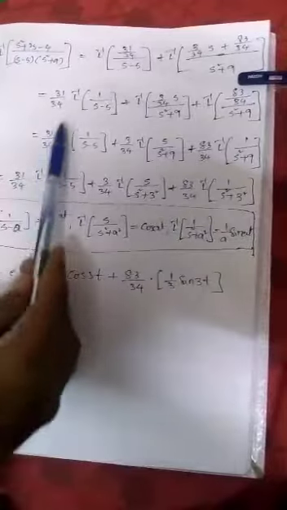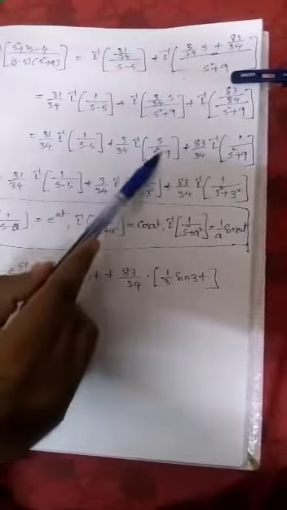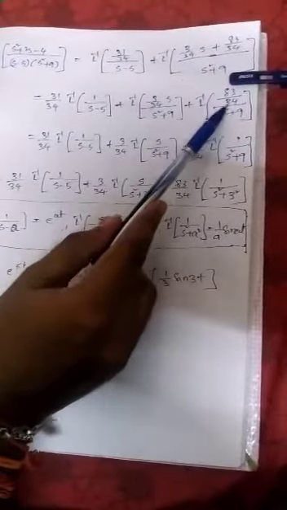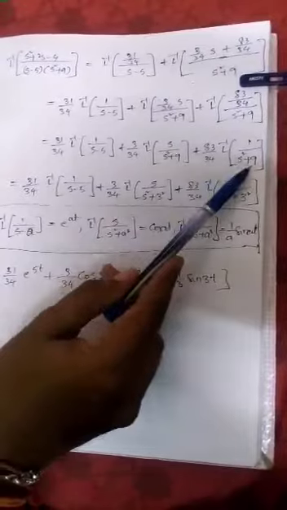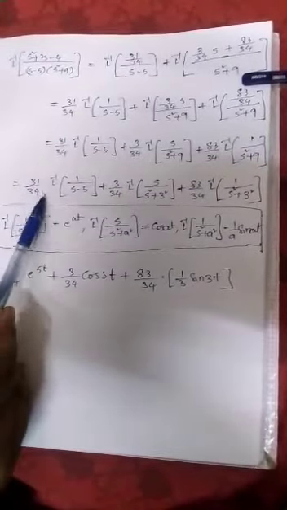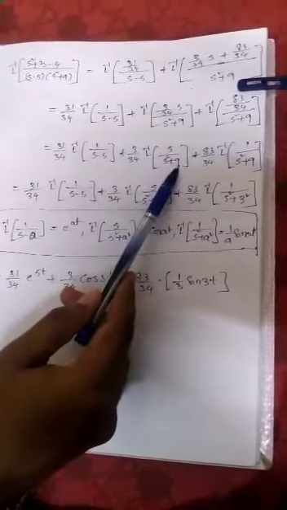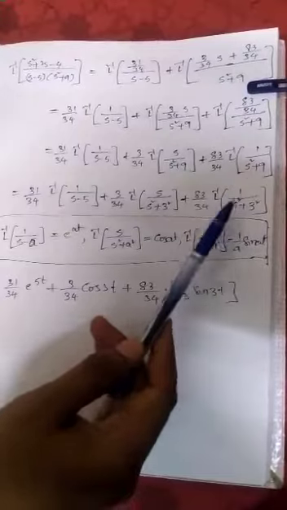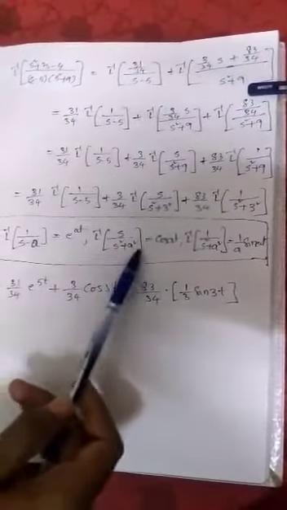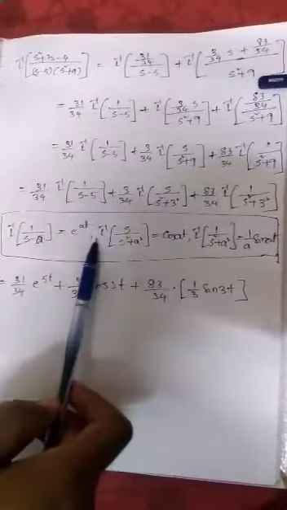Then write constants outside, that is 3 by 34 outside, Laplace inverse of s by s square plus 9, and write 83 by 34 because it is a constant, outside, Laplace inverse of 1 by s square plus 9. Now 31 by 34, Laplace inverse of 1 by s minus 5. Write this 9 as 3 square and this 9 as 3 square to get into the standard forms. Then use these standard forms here, compare both steps, and use these formulas.